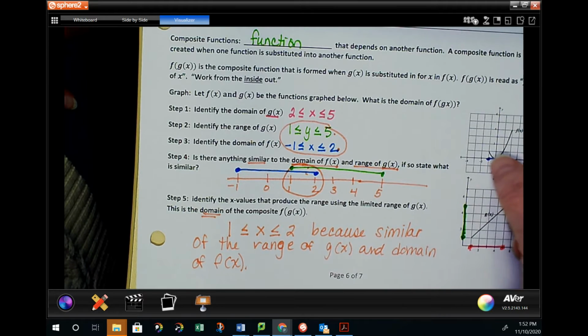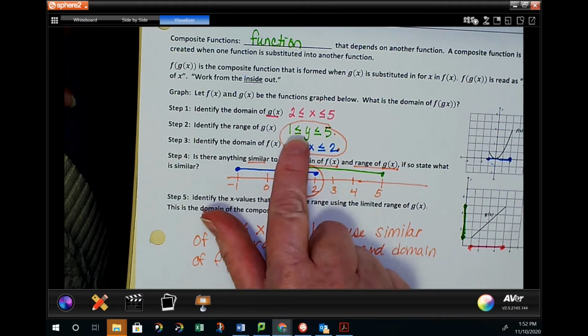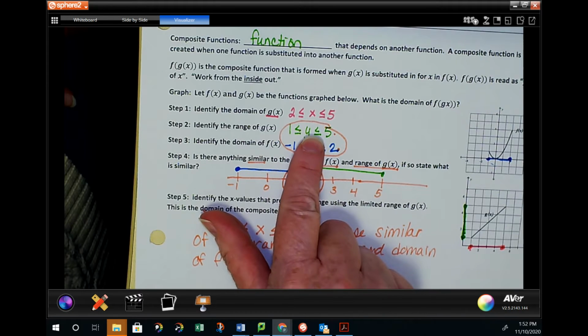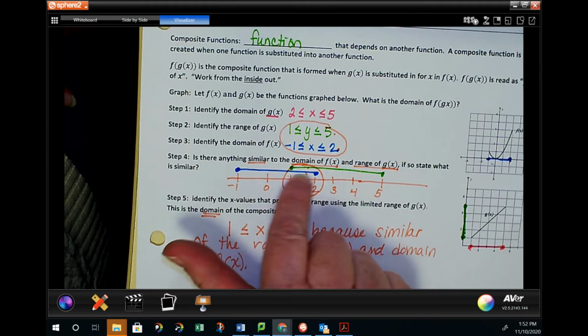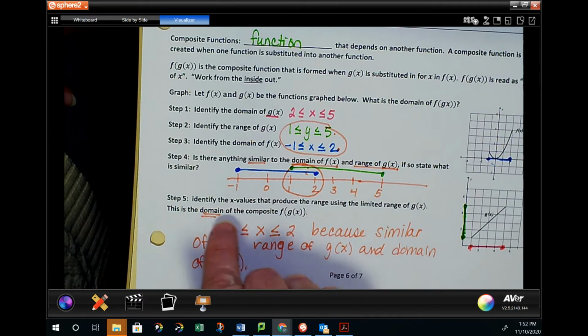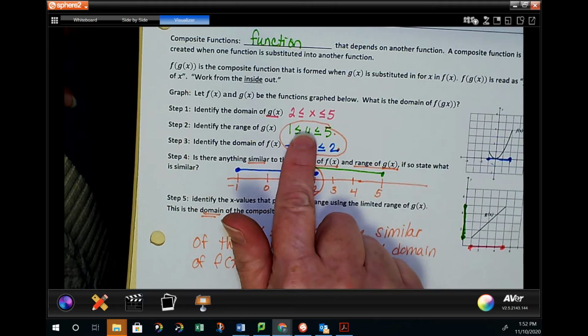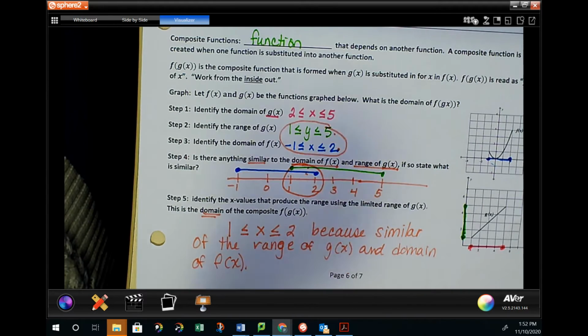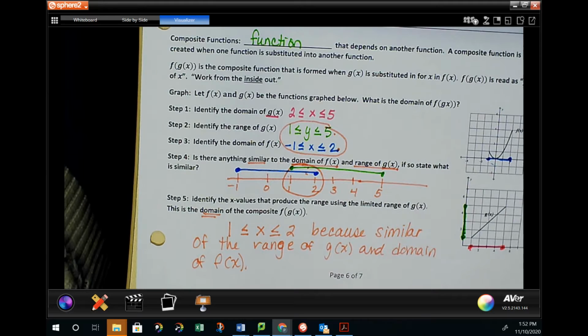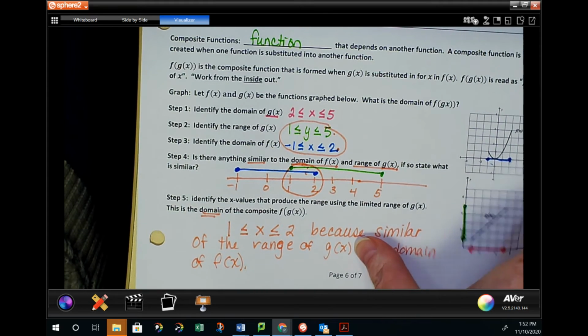This is why I look at the range of g of x. And the only part that is the overlap is where they're going to be the same. Where do they go? From 1 to 2. That's the only part where they're going to be exactly the same.